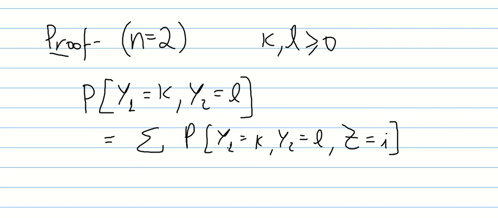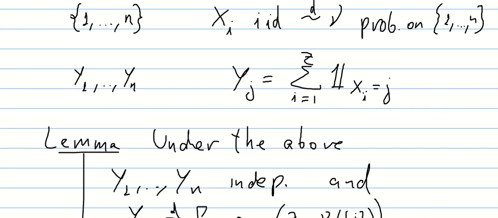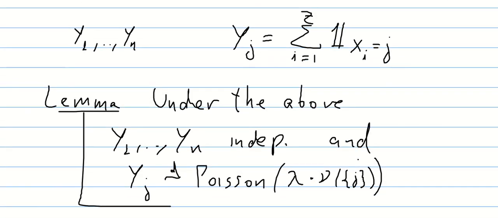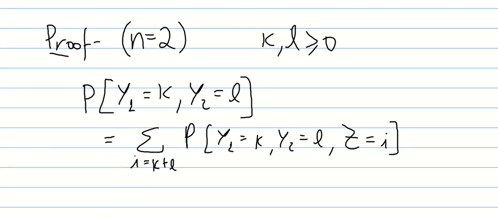But for this to happen, i has to be exactly k plus l, because we are splitting k to one side and l to the other side. There are only two bins, so we started with k plus l. So actually only one term of this sum is not going to be 0. It's going to be the k plus l term.